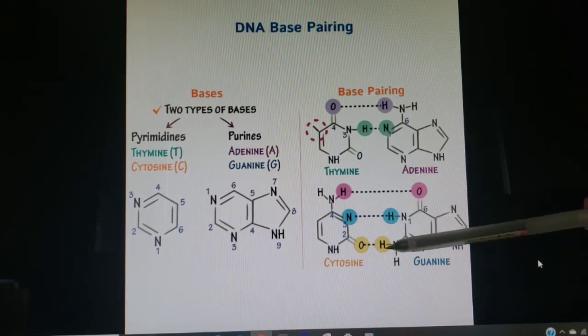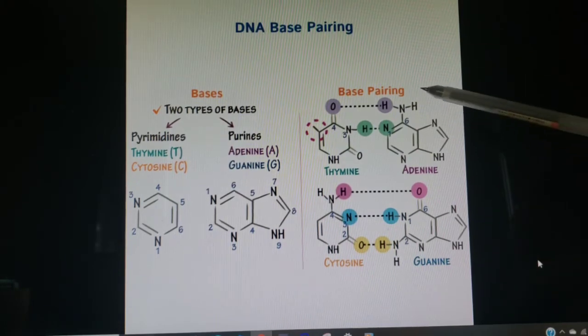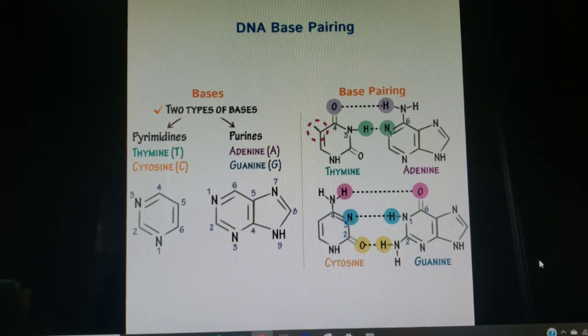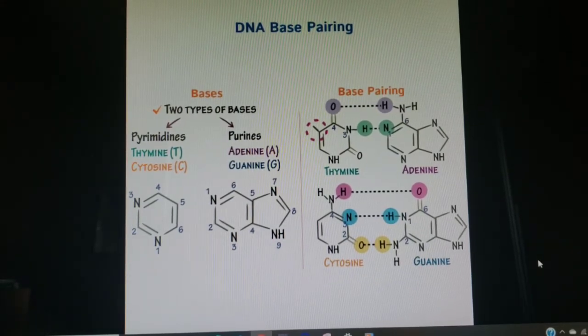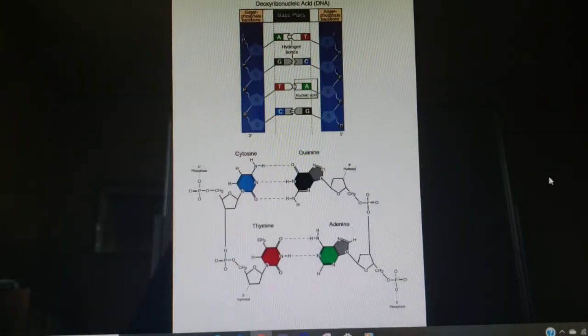This process of sticking molecules together from individual nucleotides is called base pairing, and it's named after Crick and Watson, the scientists who discovered the structure of DNA.